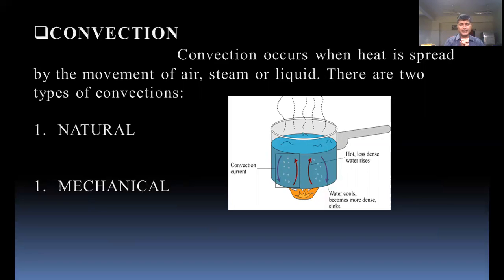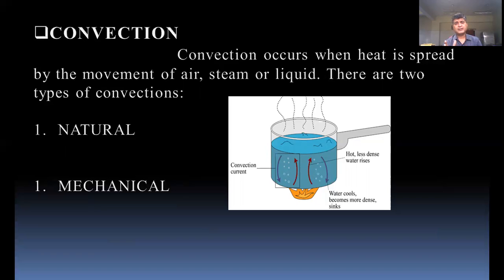Now, in natural convection, what happens? As shown in the picture, hot liquid always rises up and the cooler one sinks. Even in an oven, if we keep a kettle of liquid or a deep fryer, natural circulation distributes heat.